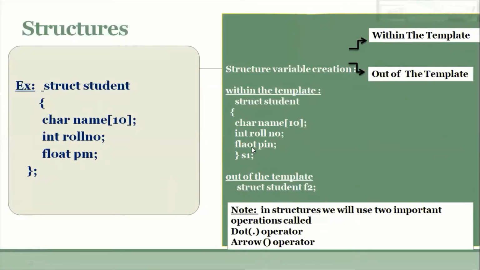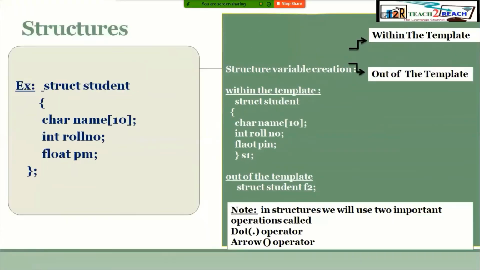After this semicolon, I can declare a variable like this, and this statement must be within the main function. Immediately the compiler allocates memory for this variable also. Then with the help of either S2 or S1, I can access all these members.